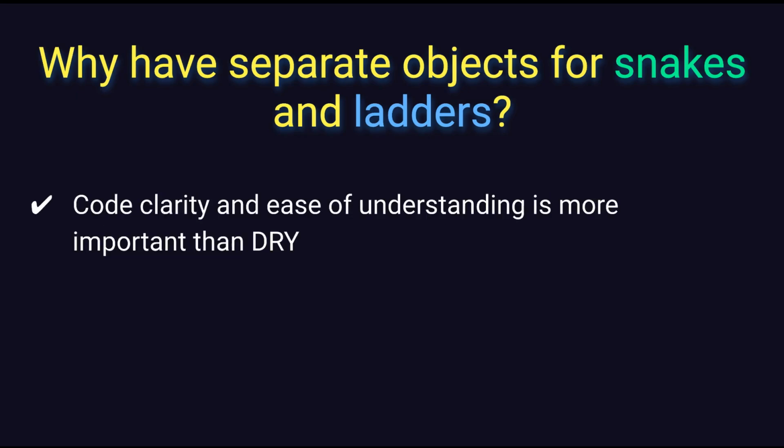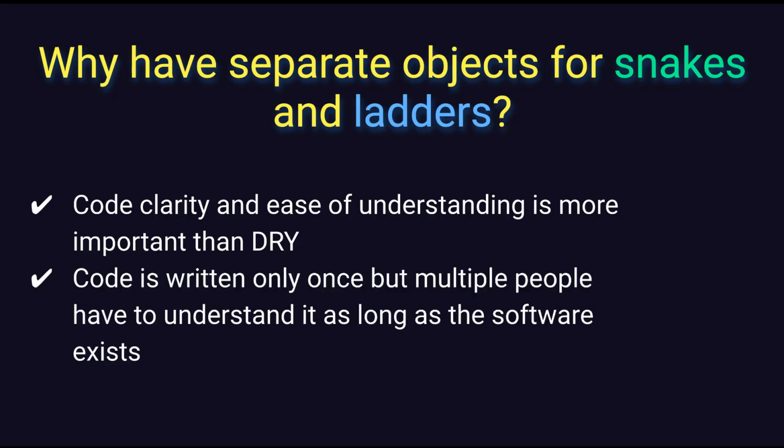Code clarity and ease of understanding is much more important than DRY, which is do not repeat yourself. Code is written only once, but multiple people have to read it and understand it as long as the software exists. So by clearly naming your entities correctly, you can make the lives of your teammates much easier.